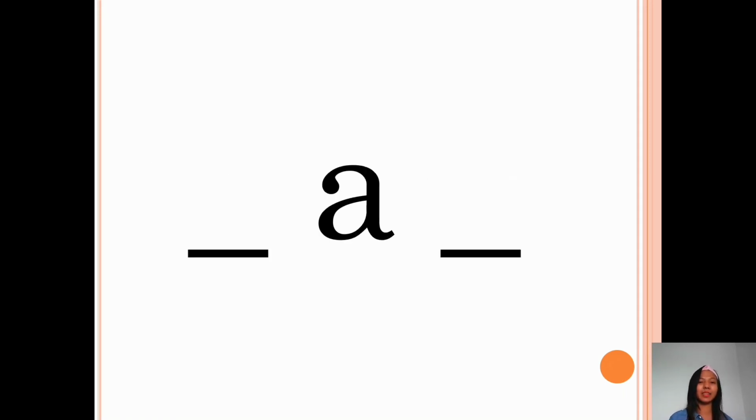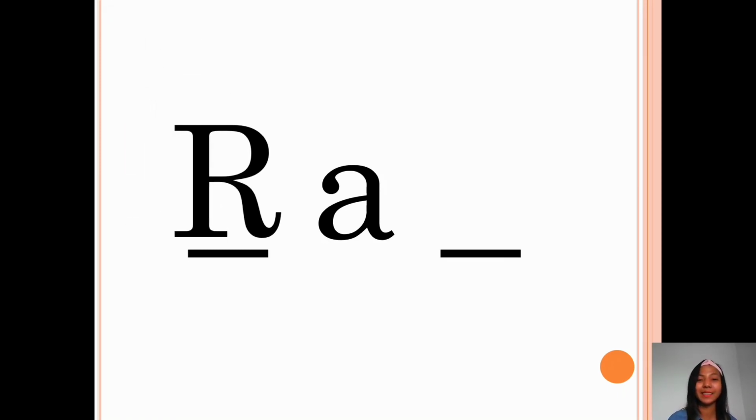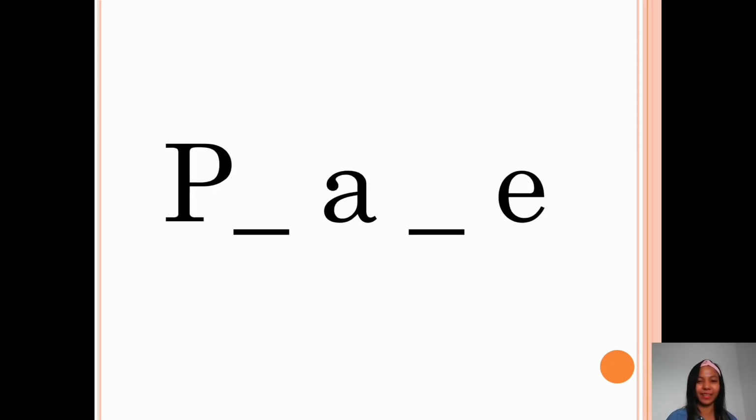Next, what do you think this word is? What's the first letter? It's R, and Y. It's ray. Next, the last one. The letters are L and N. So it's a plane.